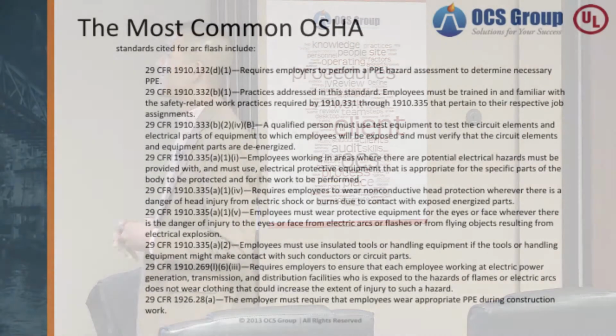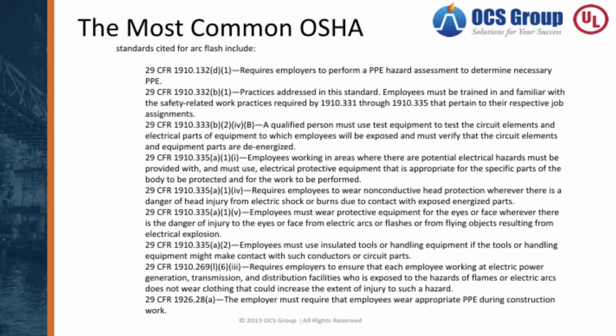NFPA 70E is basically a national consensus standard, and it's a comprehensive standard that contains all the detailed information on how to protect workers from the hazards of an arc flash. Employers must consider and adopt 70E when employees work on the electrical system. NFPA 70E is not an OSHA requirement, but that does not matter.